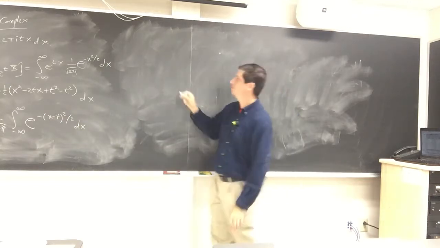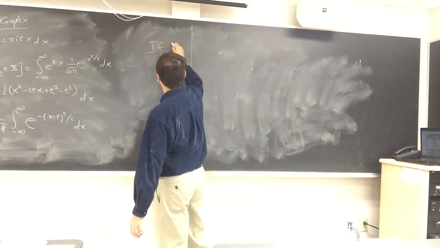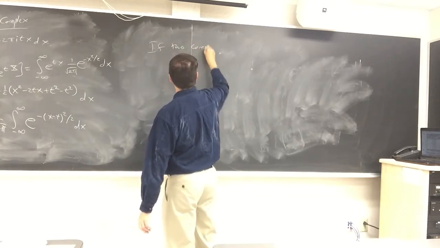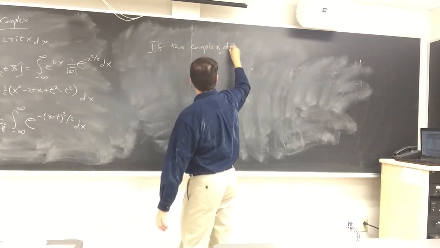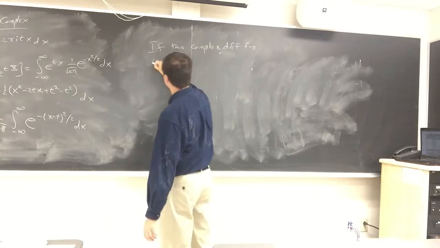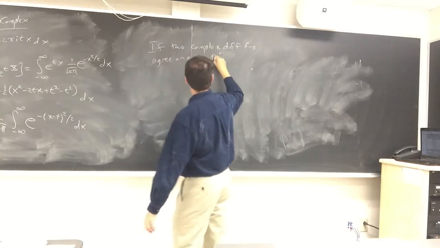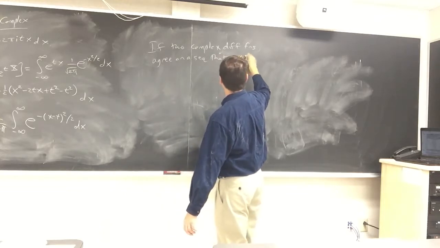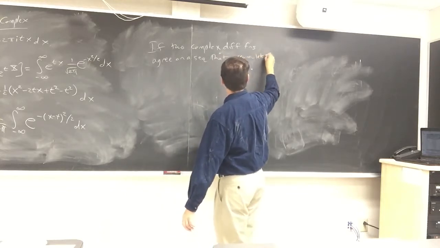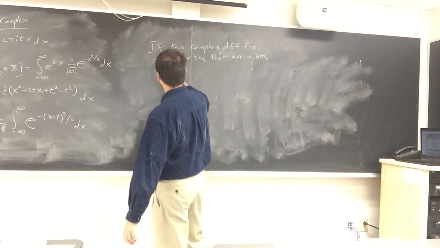This is a strange result. If two complex differentiable functions agree on a sequence that accumulates, then they are equal.